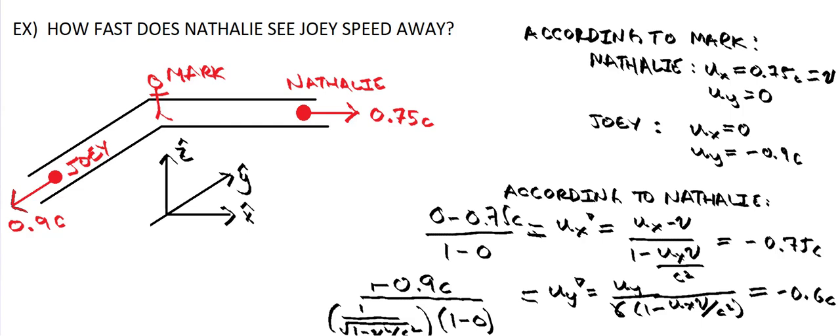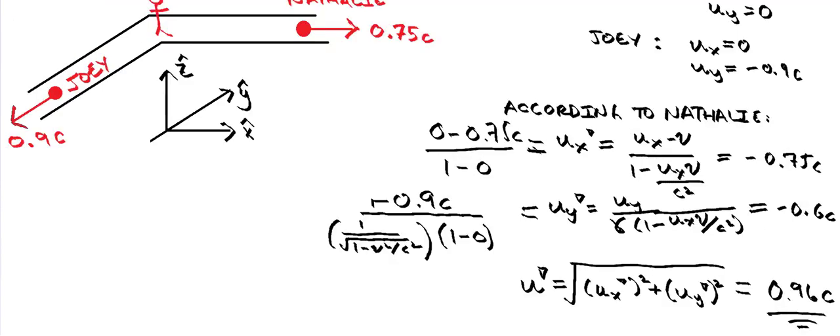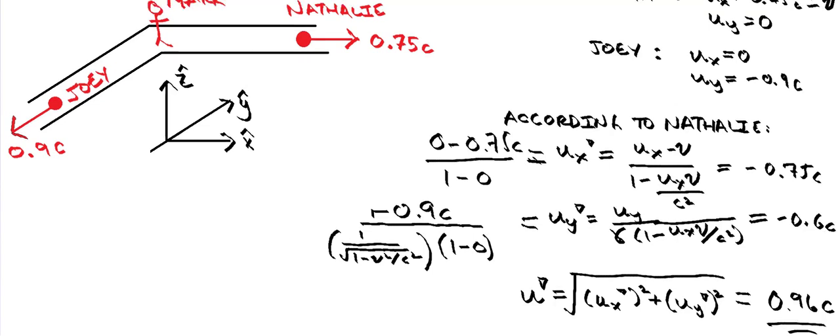So now we know what Natalie says Joey's x speed is and what his y speed is. And so if we want to know the overall speed, again, we can just sum in quadrature, right? We can say that u total prime as measured by Natalie is just equal to what she measured for ux prime squared plus uy prime squared all square rooted.